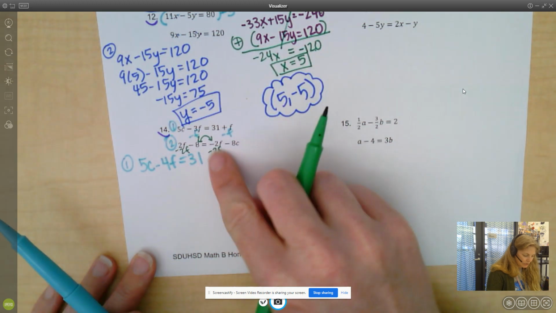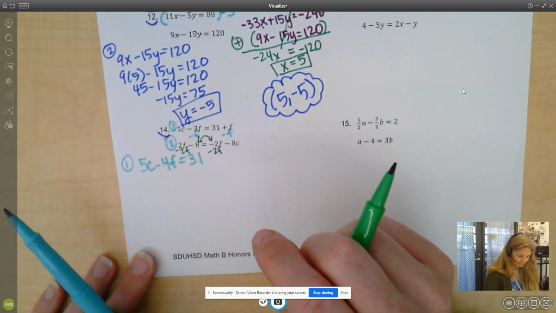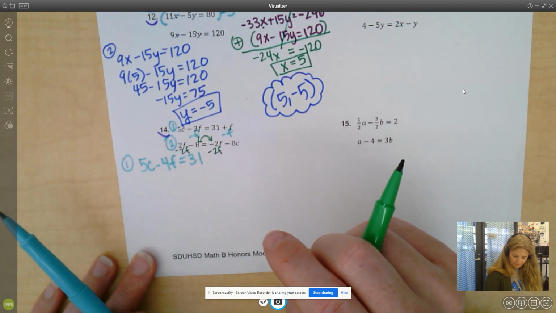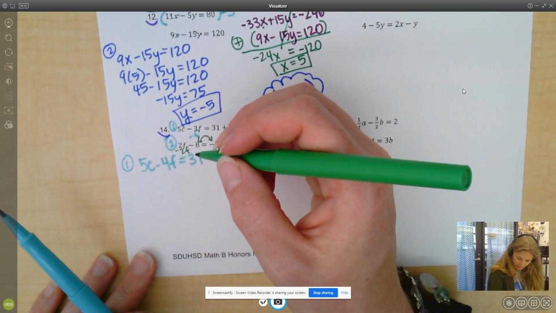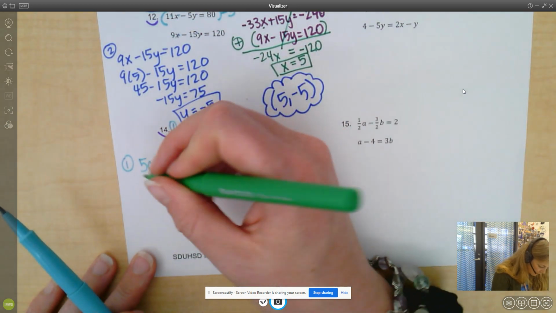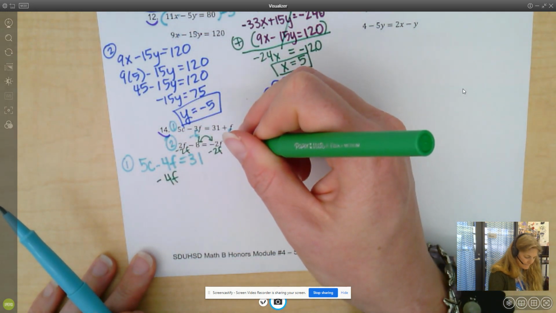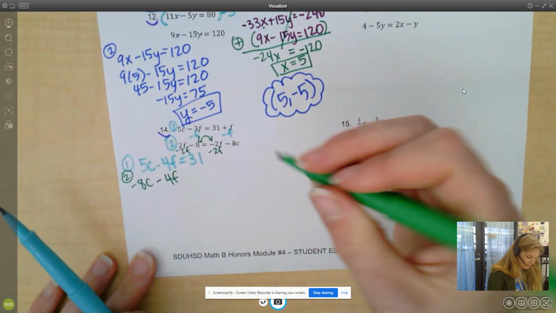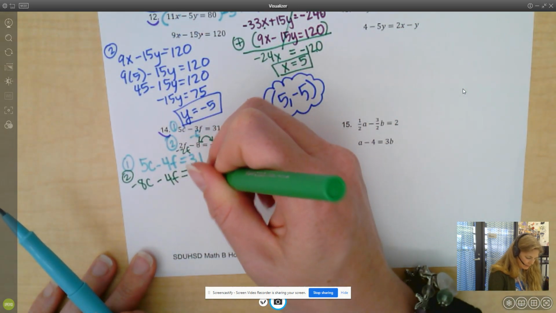So minus 2f is negative 4f, right? -2, -2, yeah. -4f, and I still have this -8c. This is equation 2, and this is equal to -8.